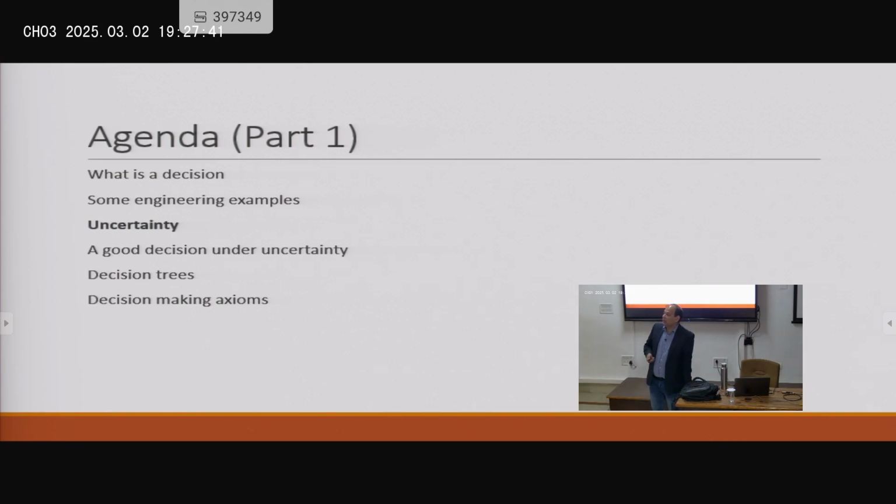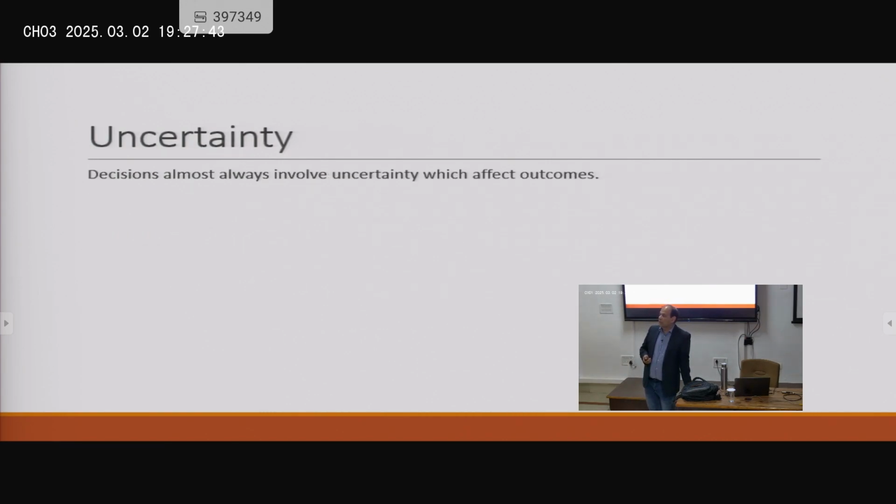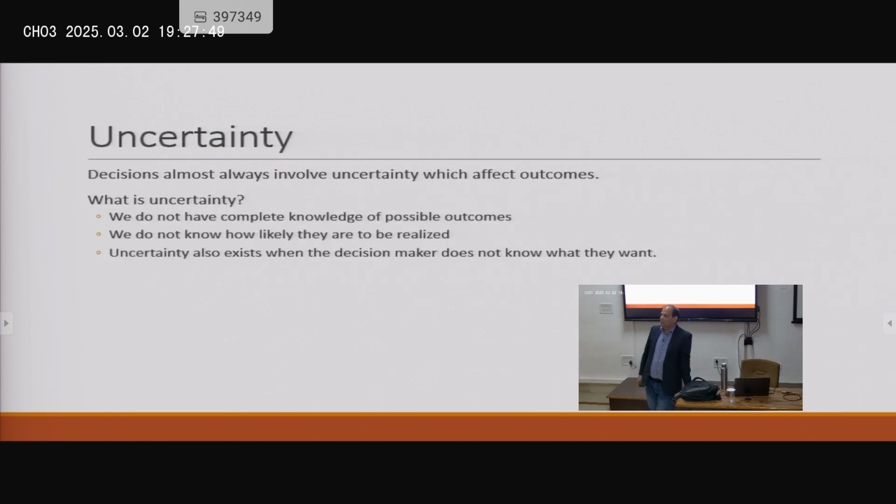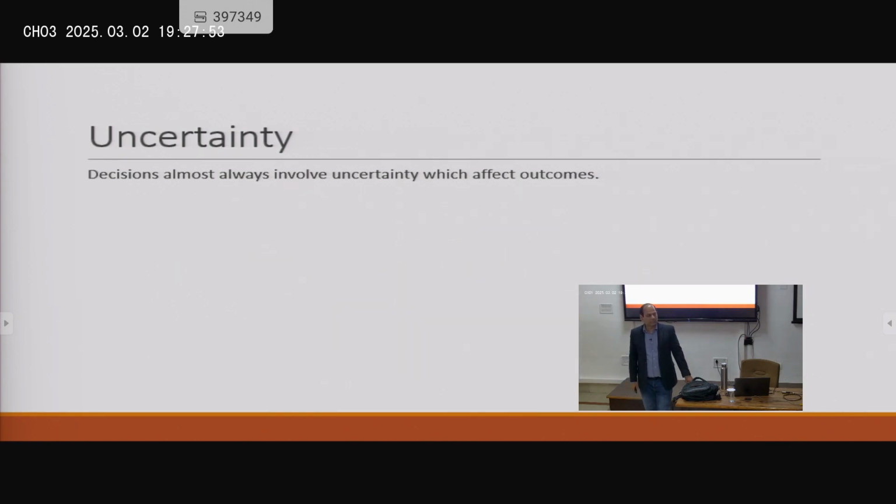So uncertainty is everywhere. Decisions almost always involve uncertainty, which affects outcomes. What is uncertainty? So something that is not fixed, right?